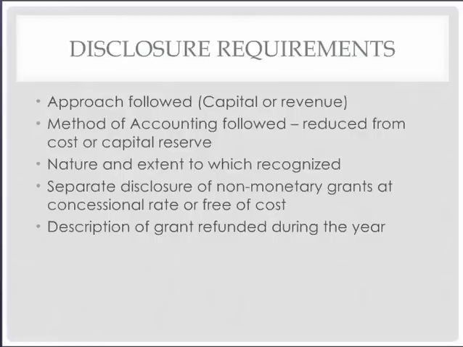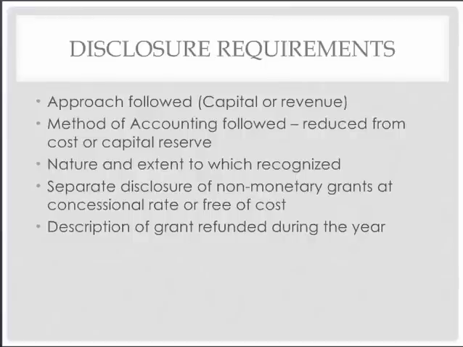Lastly, students, the standard prescribes disclosure requirements so that users of the financial statements understand the entire transaction of government grant. Firstly, you need to disclose the approach which you have followed. That means whether you have followed a capital approach or a revenue approach.